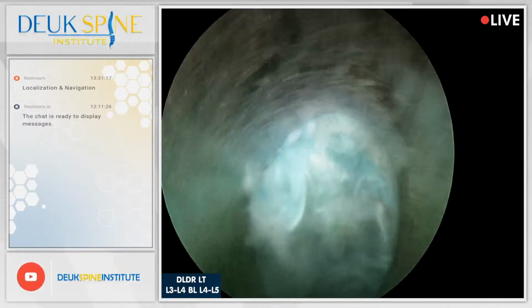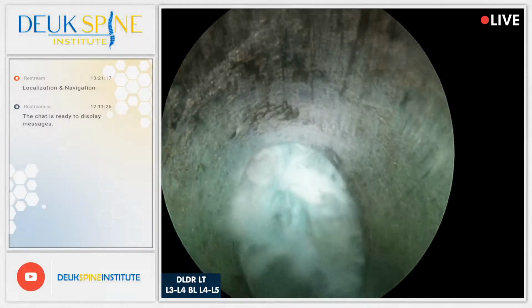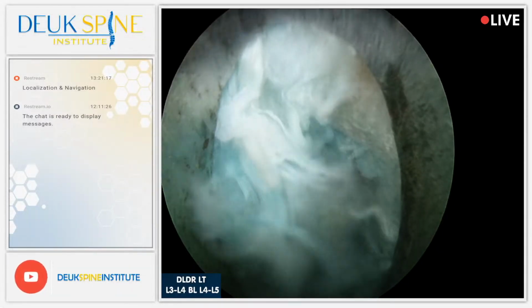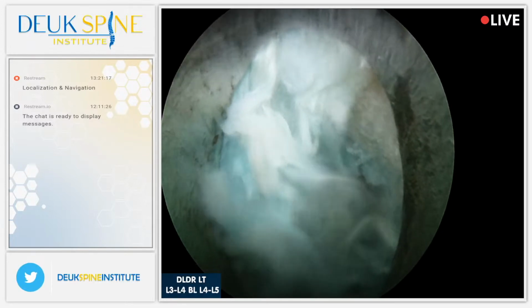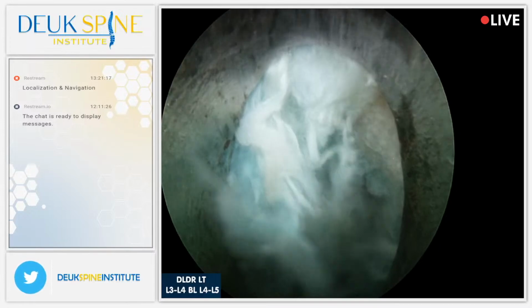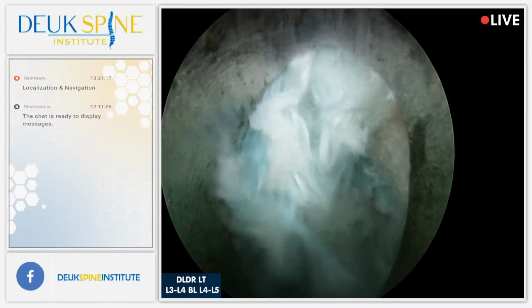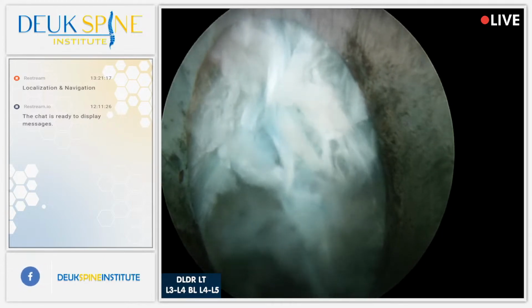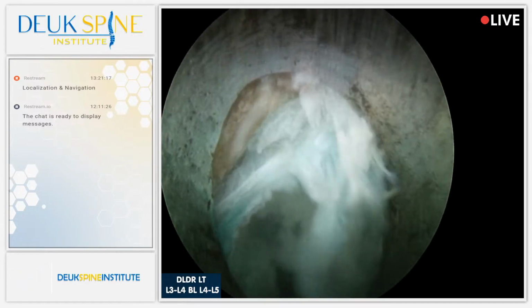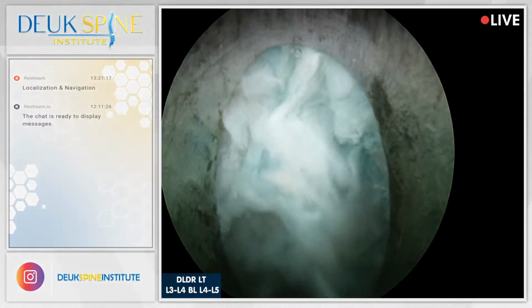There's your tear. What a mess. Now look off to the right. You know what that bone is there, or what that structure is? At 2 o'clock, that's the end plate. That's the surface of the bone between the discs. And that specifically would be L4. Sorry, that would be L5, superior end plate. And the L4 is there on the left. Okay?